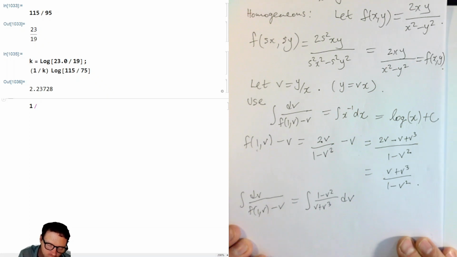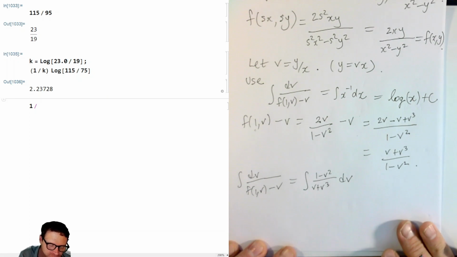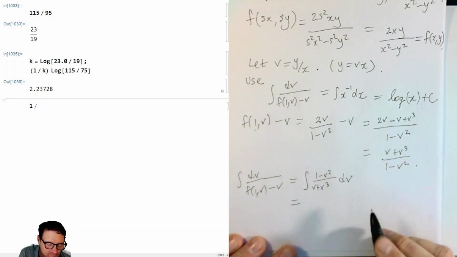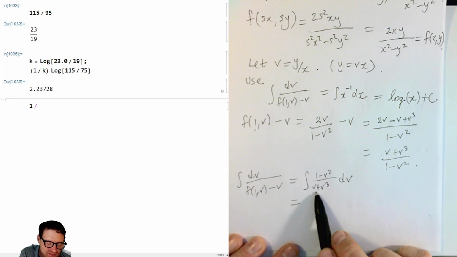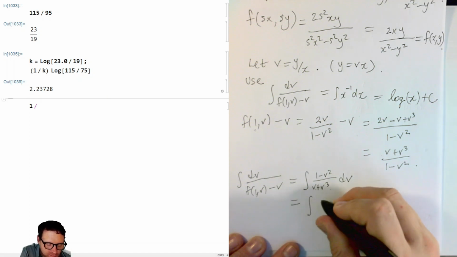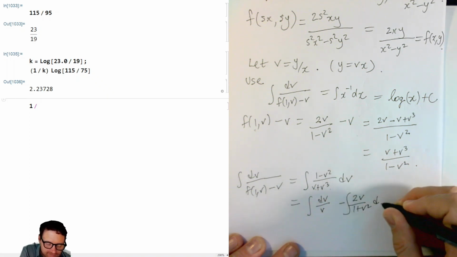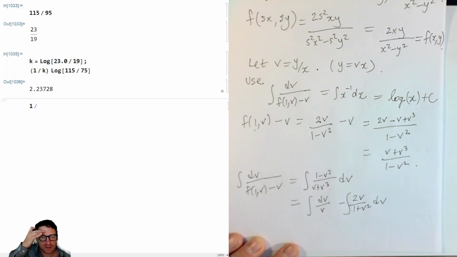And so now we can break this up using partial fractions. This factorizes as v times 1 plus v squared, and so we can break it up as dv over v minus 2v over 1 plus v squared, like this.